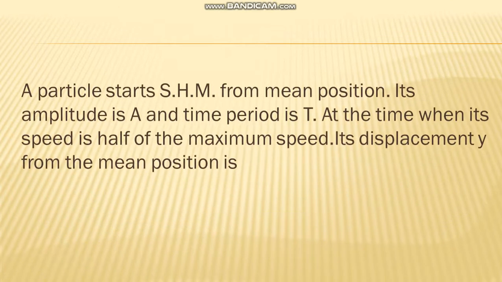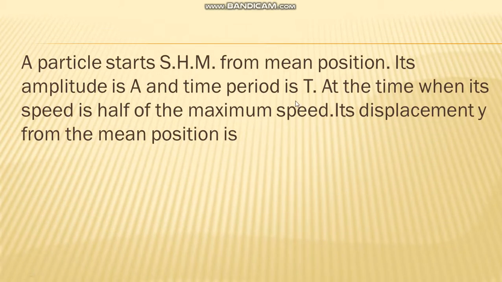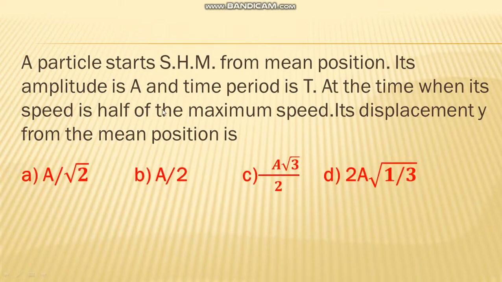Next question. A particle starts SHM from mean position, its amplitude is A and time period is T. At the time when its speed is half of the maximum speed, its displacement y from the mean position is? Amplitude and time period are given, and in the second case its speed is half of the maximum speed. We have to calculate displacement y from the mean position.